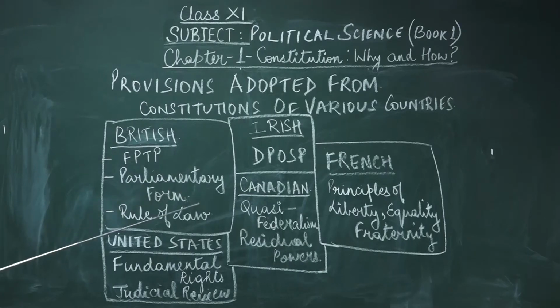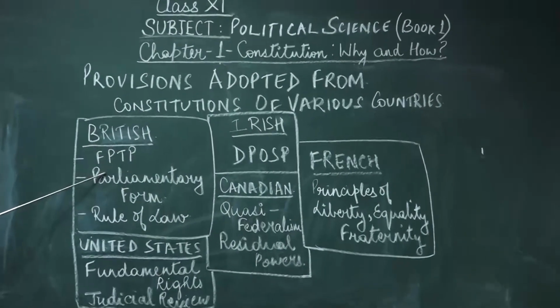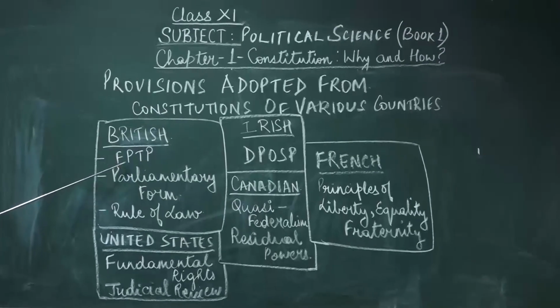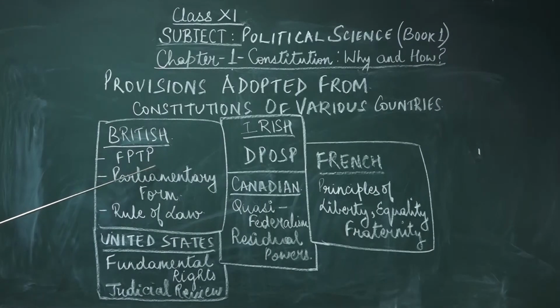Each provision of the constitution had to be defended on the grounds that it was suited to Indian problems and aspirations. The British Constitution was the most important example in front of us. And from the British Constitution, the Indian Constitution makers picked up the FPTP system, that is the first past the post system, a system of elections.